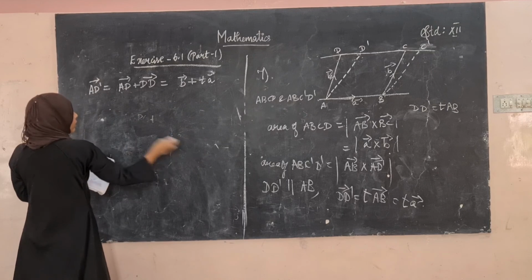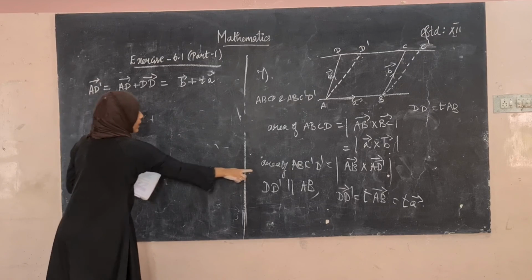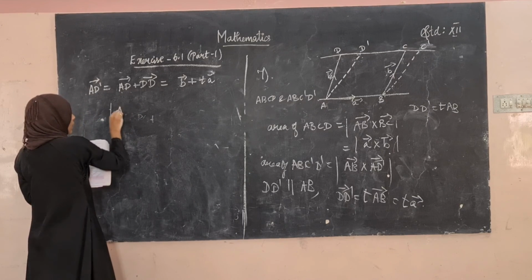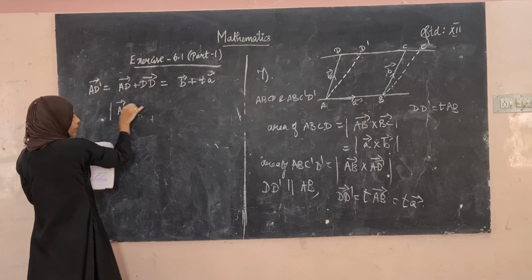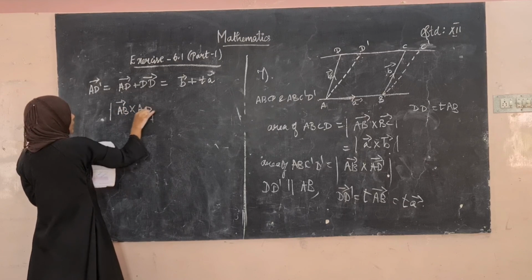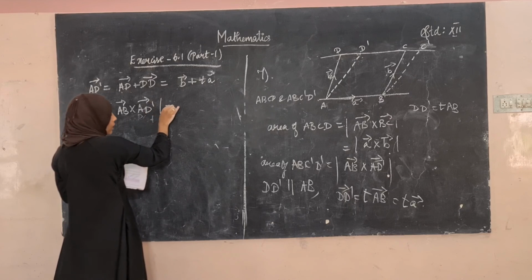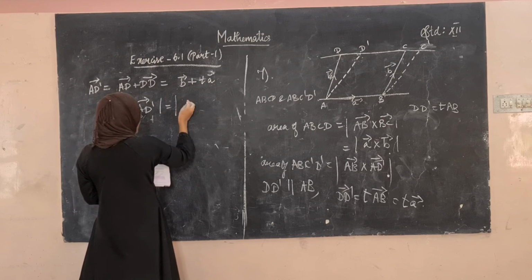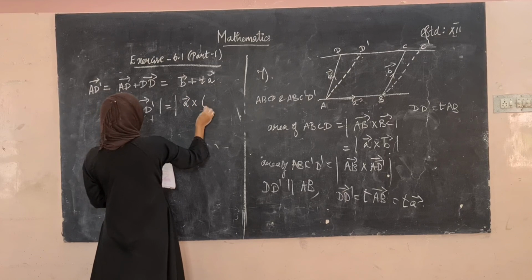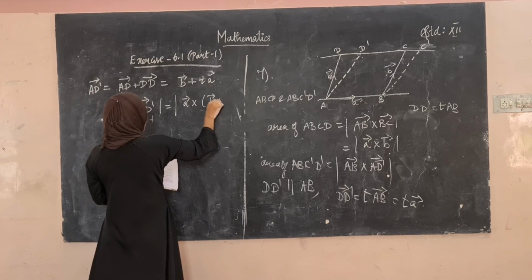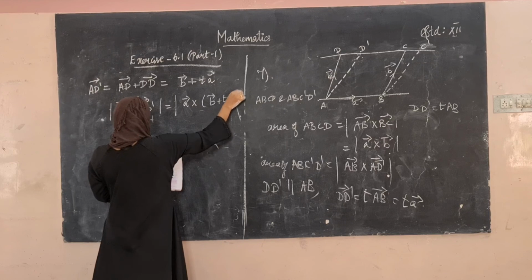Coming to this point, the area of parallelogram ABC dash D dash is AB vector cross AD dash vector. What is AB vector? It is A vector cross, and this is B vector plus T into A vector.